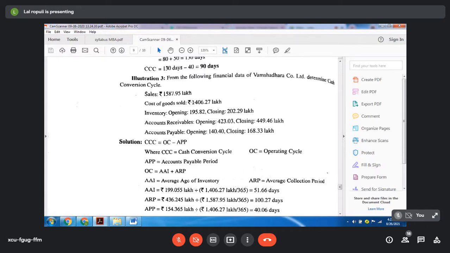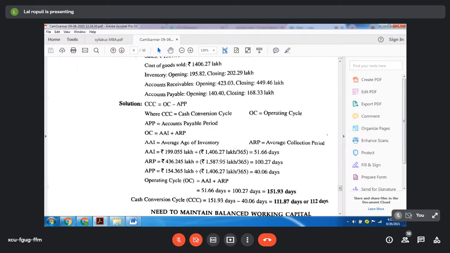Cost of goods sold is 1,406.27 lakh. Inventory opening is 195, closing is 202 lakhs. Accounts receivable opening is 423 lakhs, closing is 449 lakh. Accounts payable opening is 140 lakhs and closing is 168 lakh.